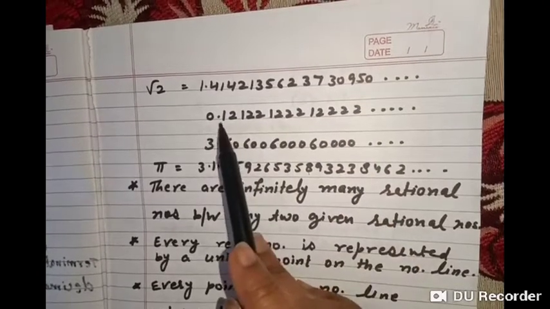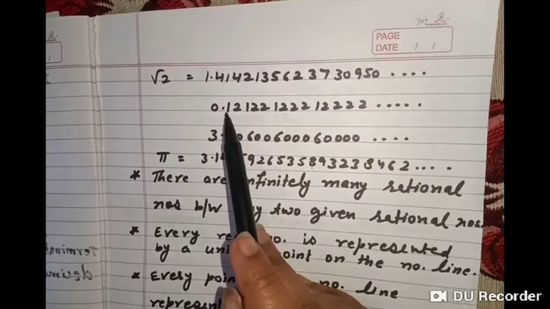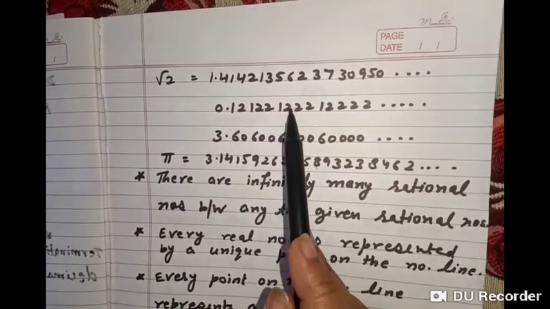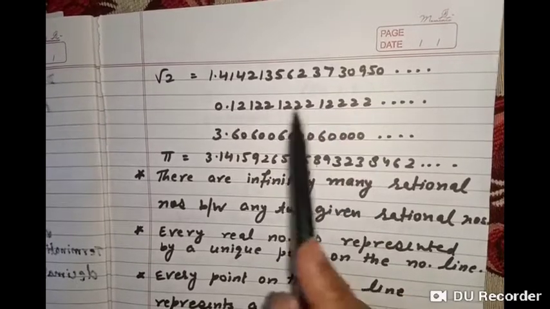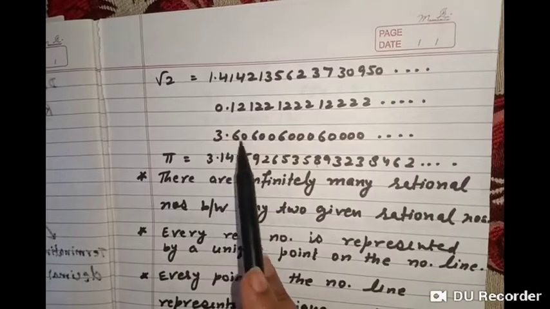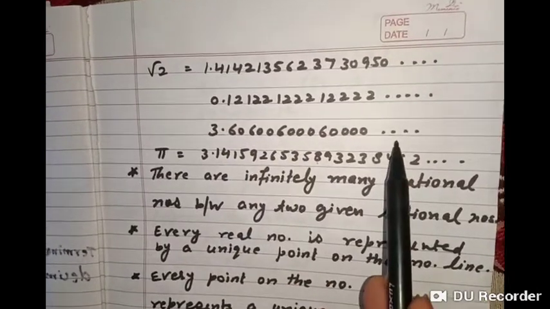In one other example, I have taken an arbitrary number. Here you can see 0.12, then 122, then 1222. Again, the same block is not repeating. In this also you can see 3.60, the same block is not repeating.